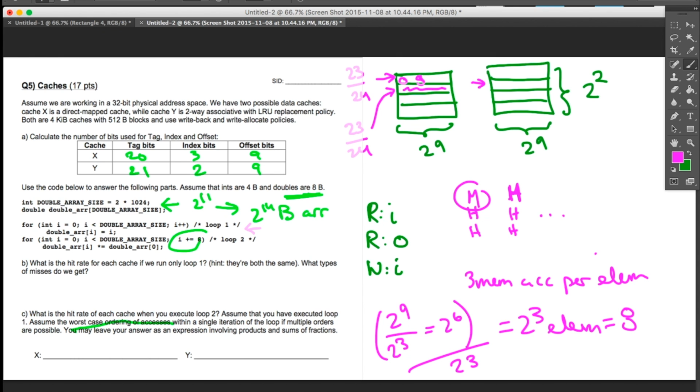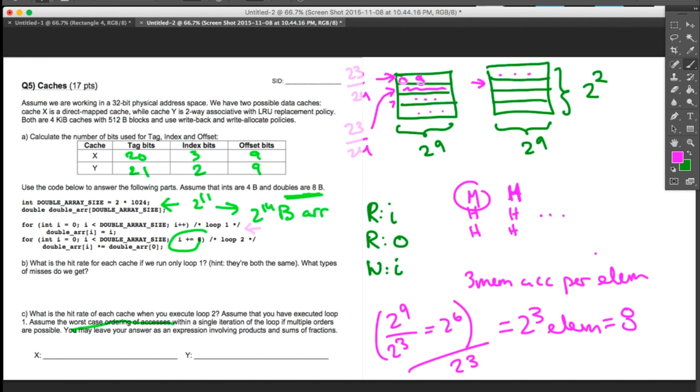And if you repeat this for all the blocks in this cache, it's going to be the exact same thing, 23 over 24. When we try to access the next block after this that maps to the same block as here, instead of overwriting 0, it gets to go here, because we have two-way set associative. Instead of overwriting 0, it just gets mapped here because this was the least recently used.